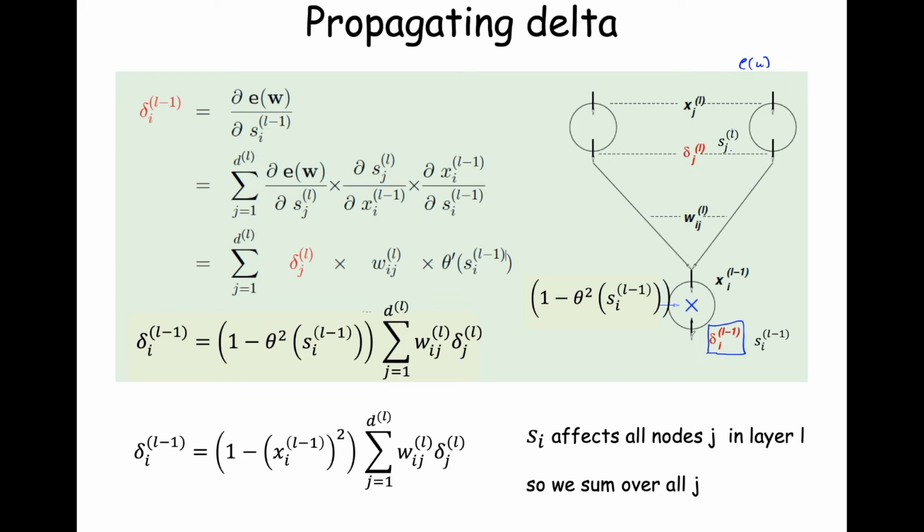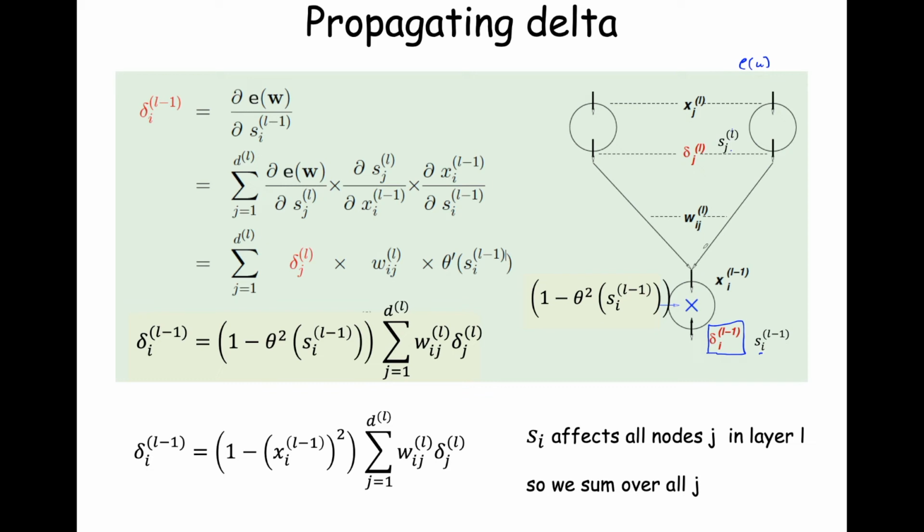Now, of course, feeding into this L minus 1th layer is going to be the score of the ith node in layer L minus 1. And so what we want then for this partial, we're going to count what this output node, xi superscript L minus 1 for that previous layer, what it influences.